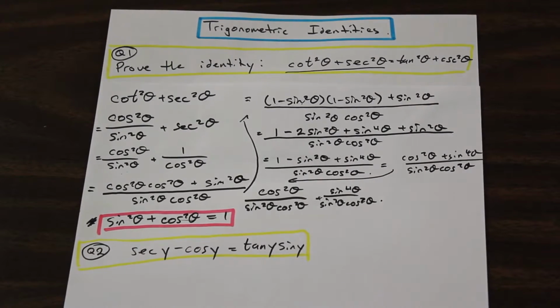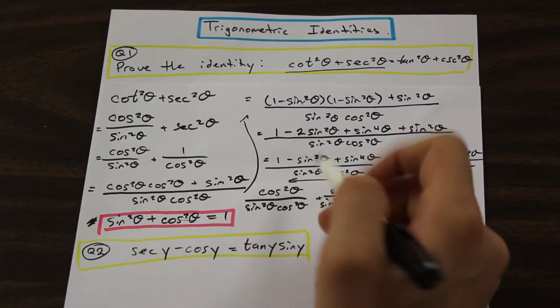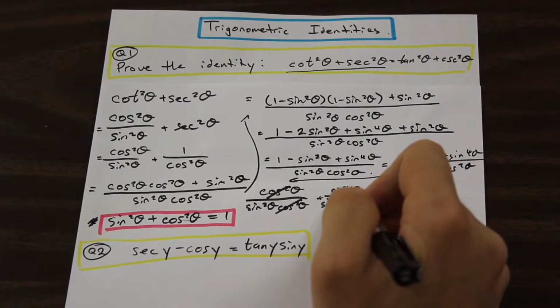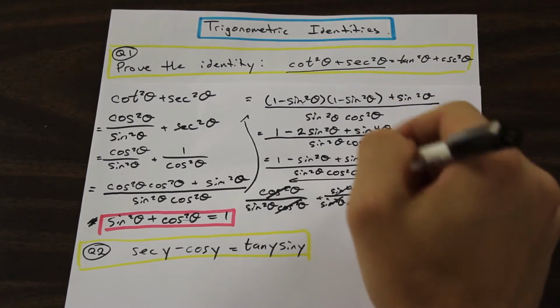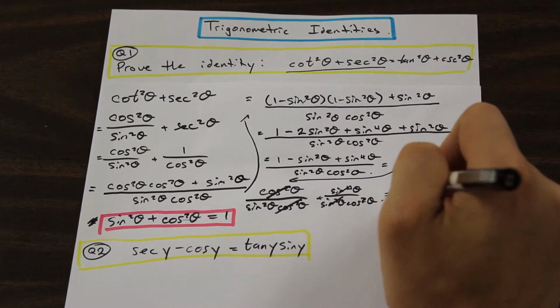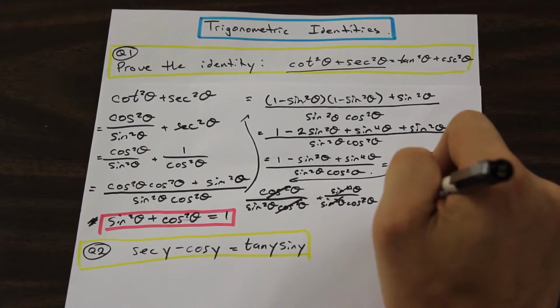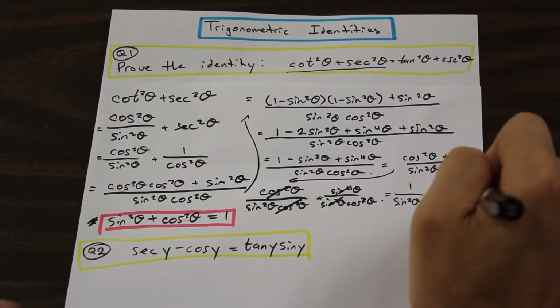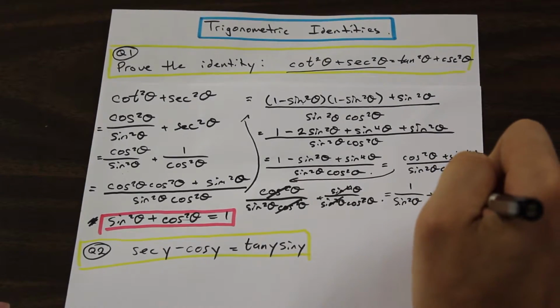What's going to happen here is the cos squared theta cancels, and the sine squared theta is going to cancel with the sine to the 4th, and we should be left with 1 over sine squared theta plus sine squared theta over cos squared theta.